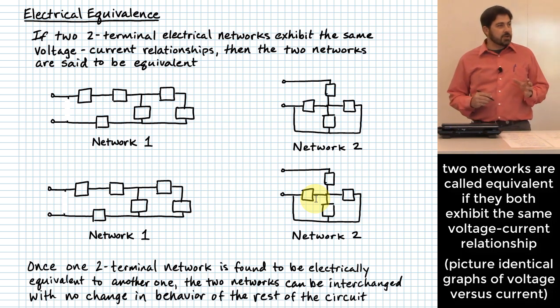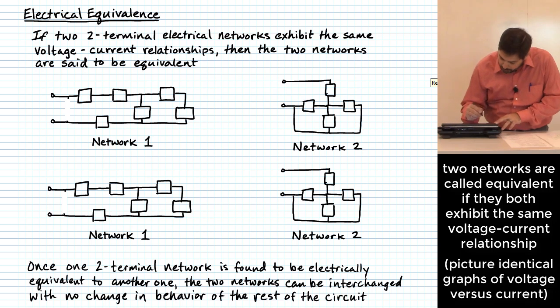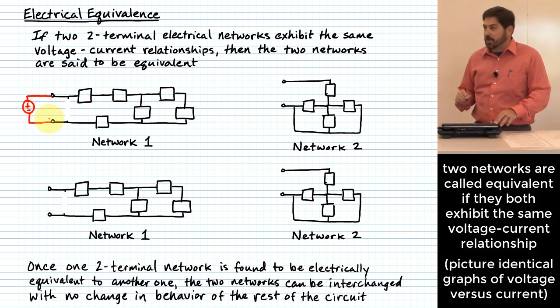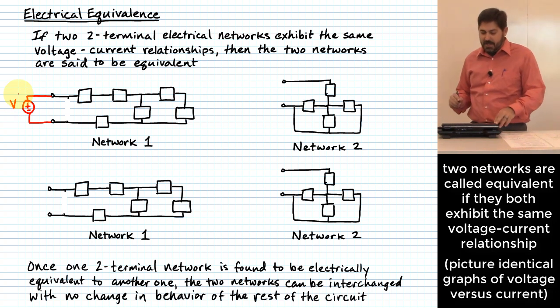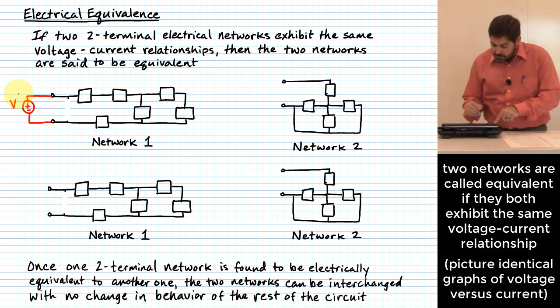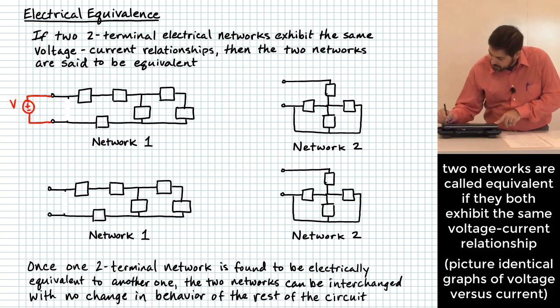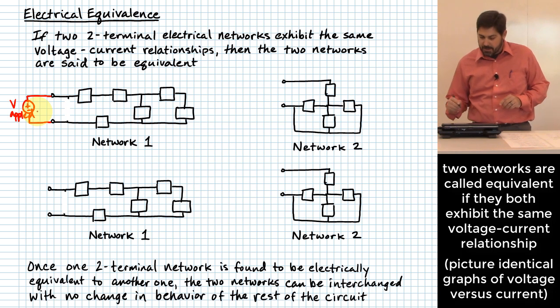What I'm going to show you is if I imagine taking a little ideal voltage source and putting it across network 1. Let me call that V applied, an applied voltage that I'm sticking across that network.